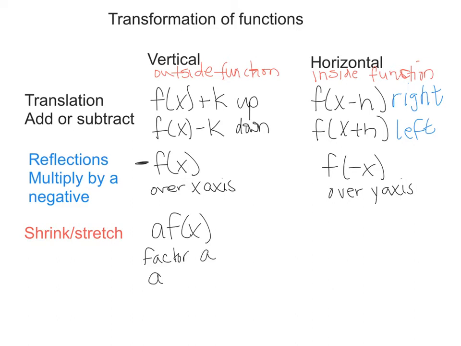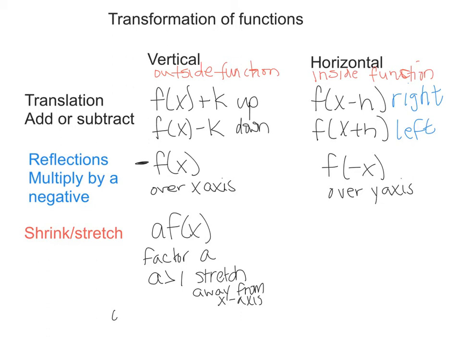And if a is greater than 1, what did it do to the function? Stretched it, right? Stretched it away from the x-axis, right? And I'm going to write away from x-axis.